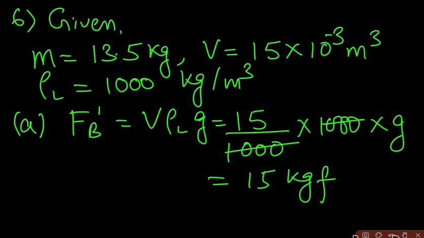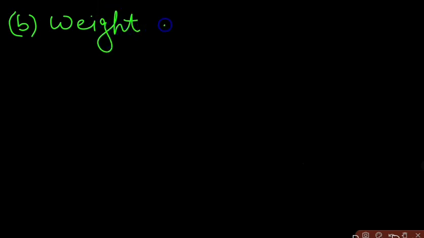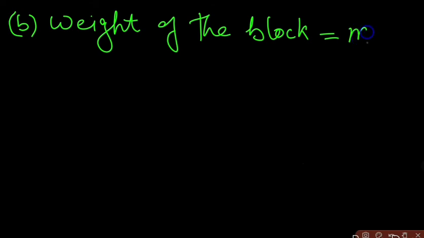Now solving number B, we are supposed to find the weight of the block. The weight of the block can be calculated by using the formula mass into acceleration due to gravity.